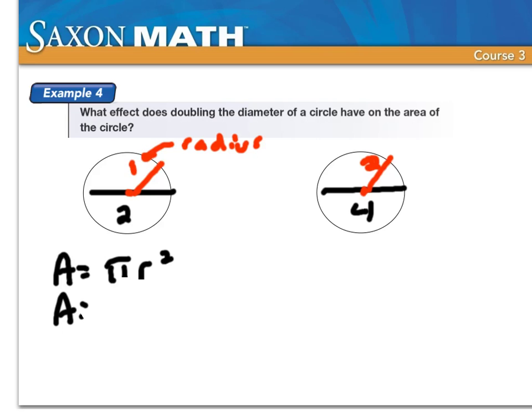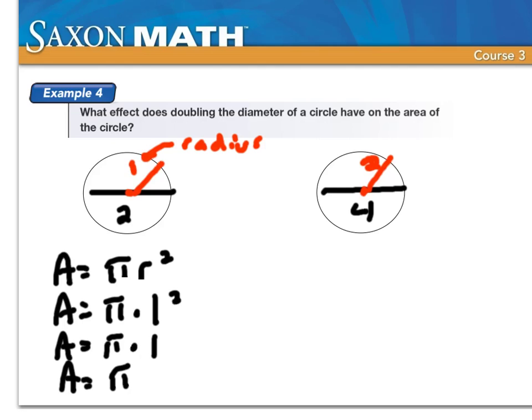So my area is pi times my radius, which is 1, squared. Well, that is pi times 1 squared, which is 1. So basically, our area for this circle equals pi, or 1 pi.